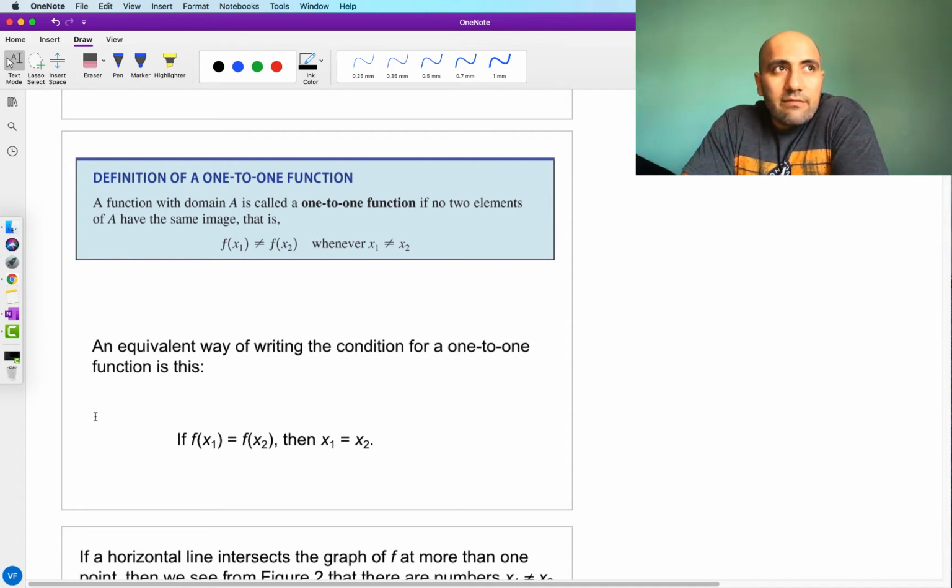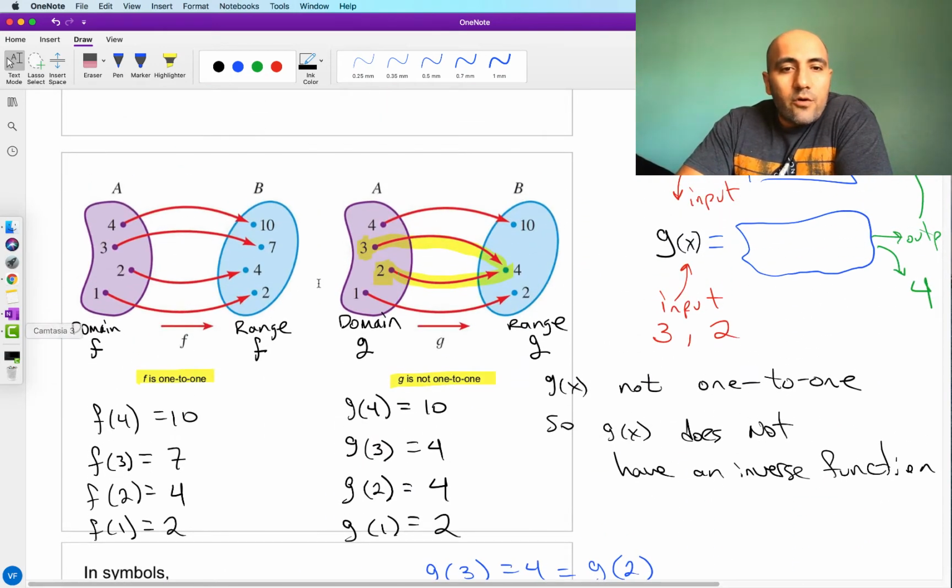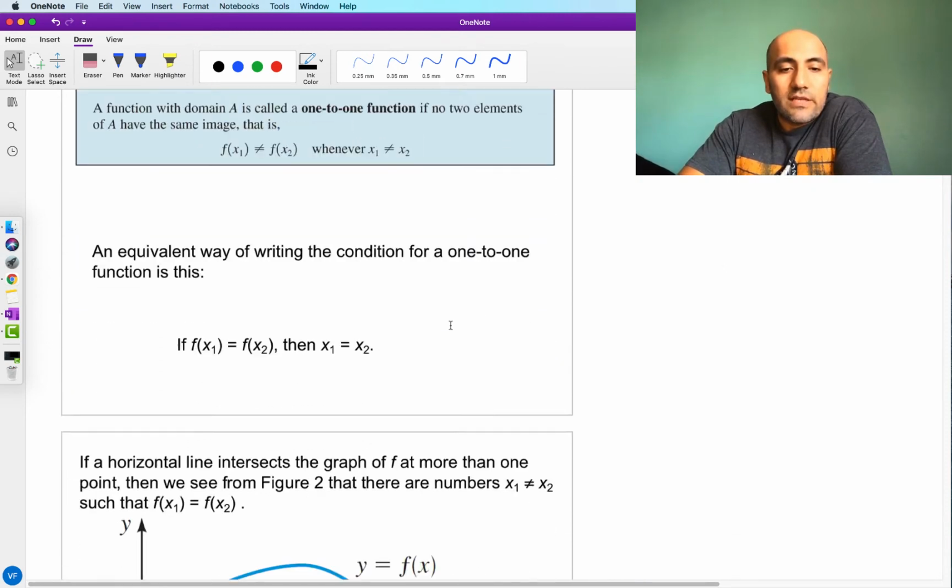So if you're focusing on the domain, and you notice that there are apparently two different inputs leading to the same output, if you can conclude that, oh, you know what, actually these two things are the same number, then you have yourself a one-to-one function. That's what this is saying.